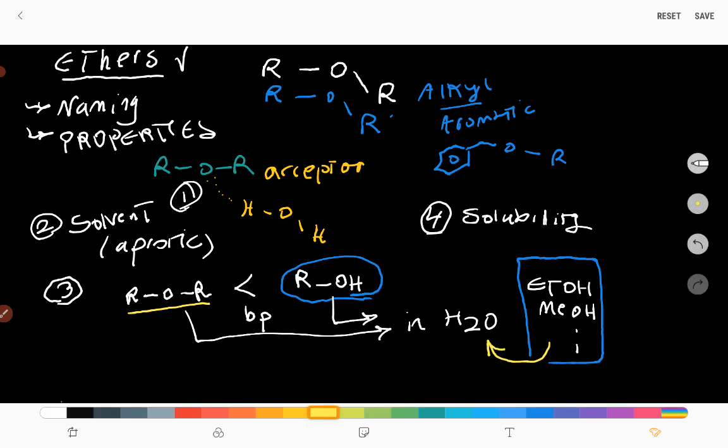But when you increase the mass, the number of carbons of the alcohol, the solubility is almost similar to the ethers. Alcohols and ethers with high molecular weights have relatively similar solubility in water.